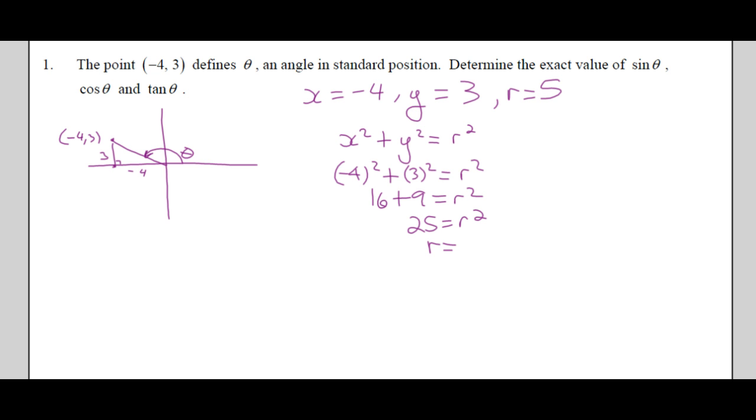Now you can say r is plus or minus 5. You're taking a square root, a fourth root, a sixth root, an eighth root, it's always a plus or a minus. But here, r is equal to 5.